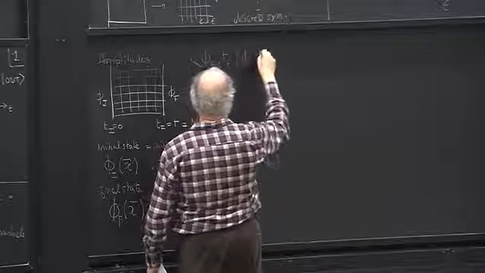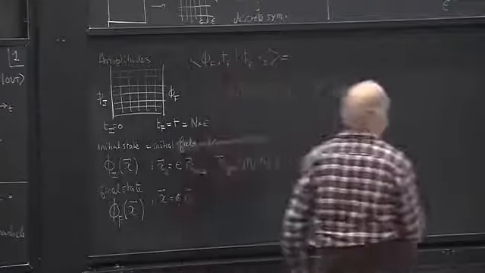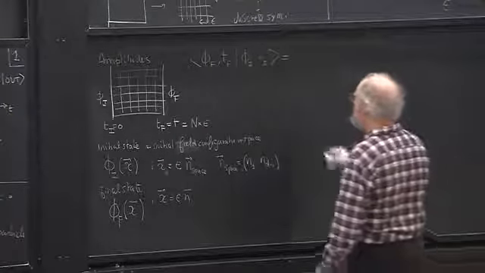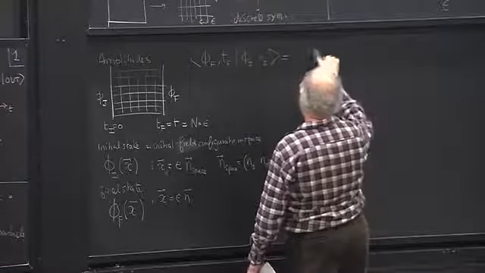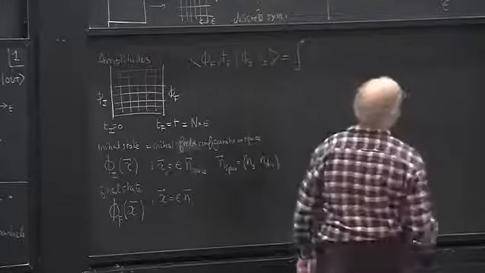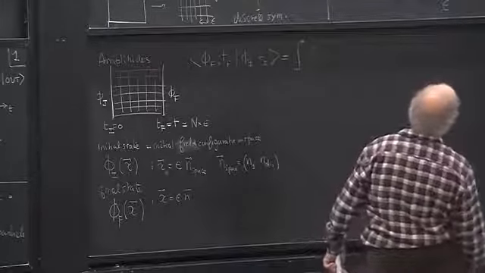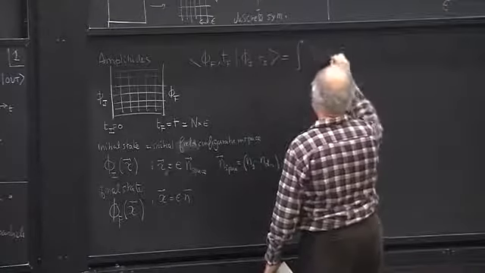phi initial at t initial. It's going to be given by this big integral, where you integrate over all the discretized action. So for instance here, d of phi.